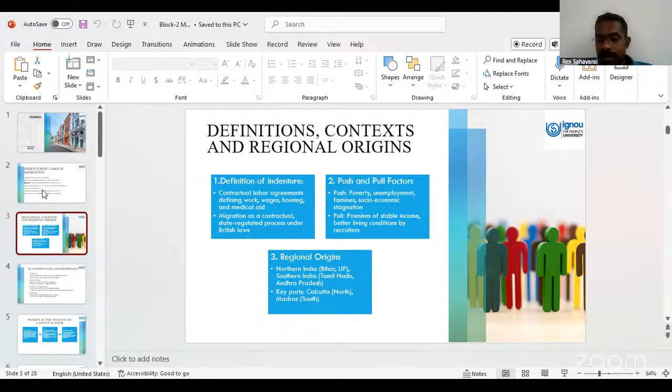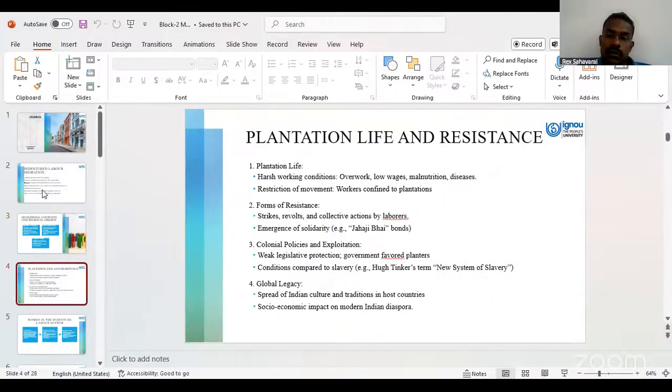We also understood the definitions, and the pull factors and push factors that forced our Indian people to move as laborers through the indentured labor process. On plantation life, we learnt how hard it was, how they were treated, the punishments, and the rules that were very painful for the laborers.